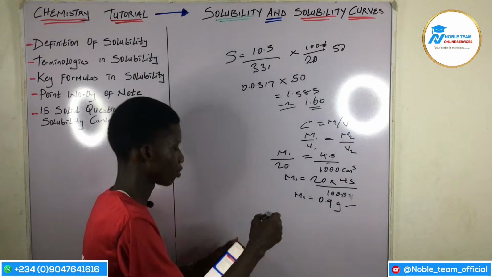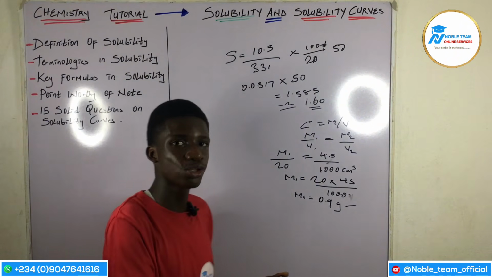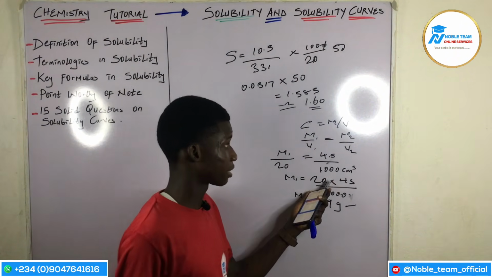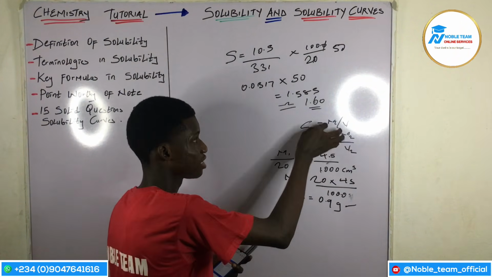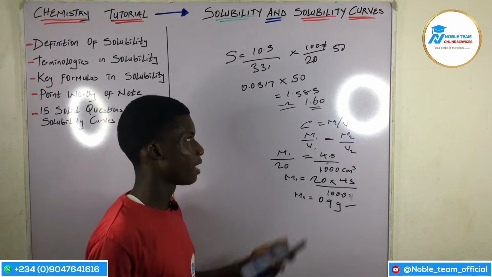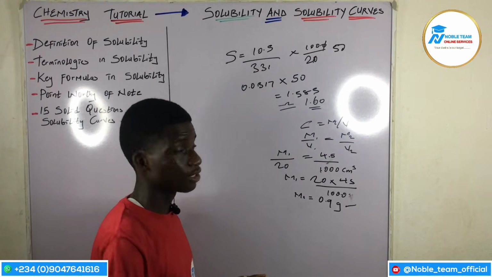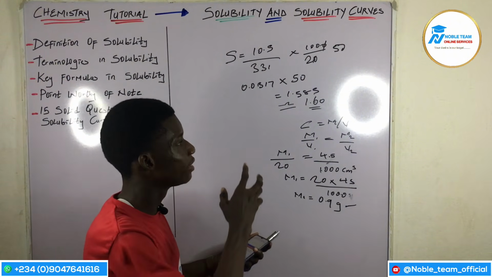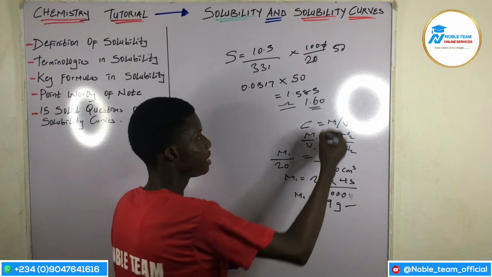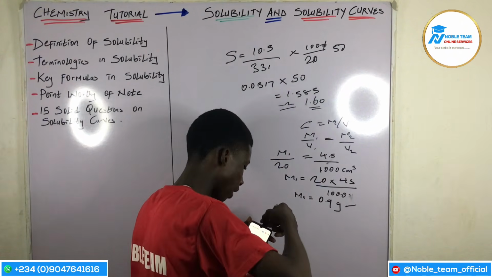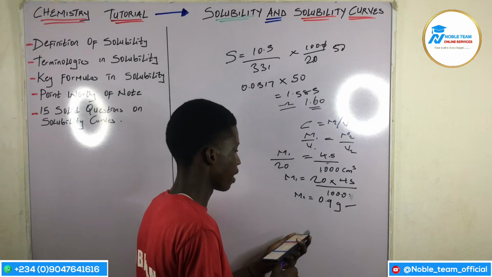You can see how I solve this, because we can also choose the other way around to solve this particular thing. Now let me explain how you can use this to solve. The second mass, where we have this particular C. Let me use my blue marker so you can understand what I'm trying to do.